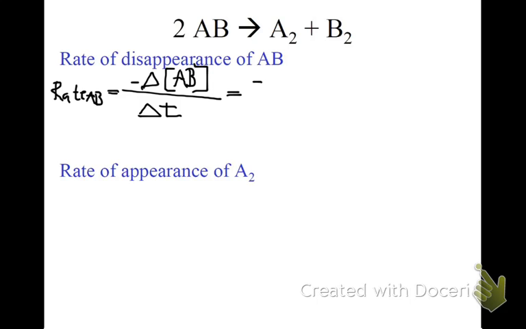So remember, change in is final minus initial, so the final concentration of AB was 5.00 molar, minus the initial, which was 15.00 molar. And we would divide that by the change in time, so 60 minus 0, that would be 60 seconds.